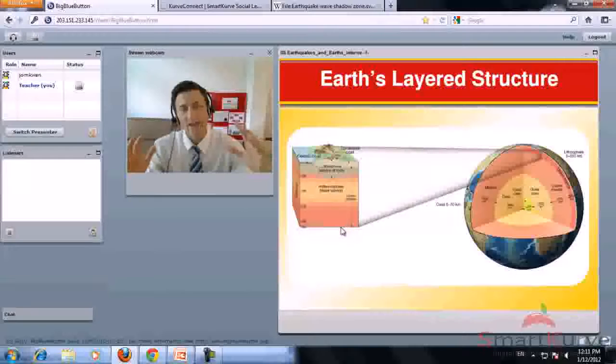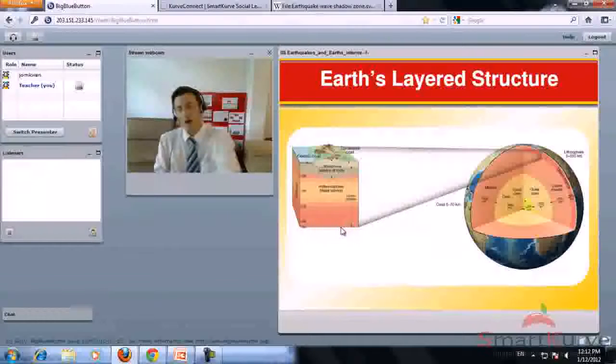So the heavier elements like iron and nickel were able to sink to the bottom. And then after they sank into the center of the Earth, over millions of years, the Earth cooled, and that lower mantle, that orange area, became solid rock once again.